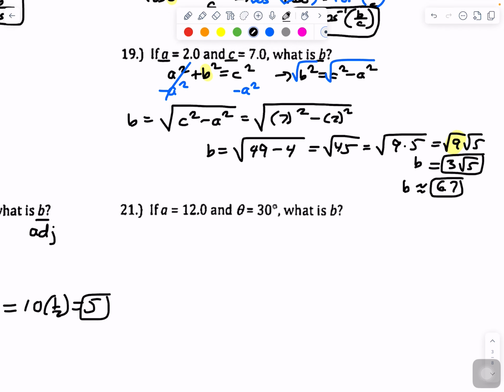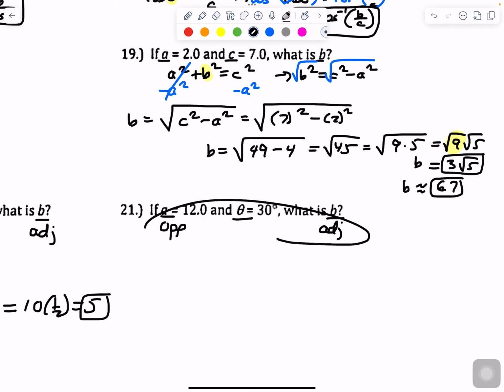In number 21, we have the opposite side is 12, angle theta is 30. What is the adjacent side, B? Well, opposite and adjacent, that trig function would be tangent. So we're going to go tangent of the angle present, 30 degrees, equals opposite, A is 12, over B, what we're looking for.